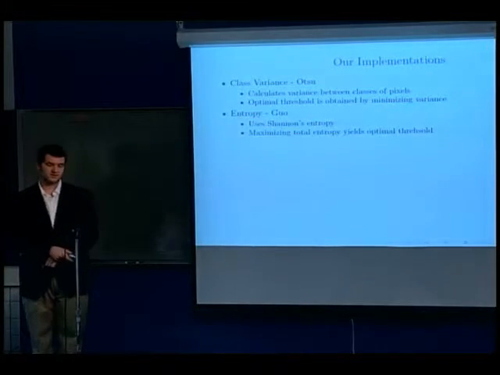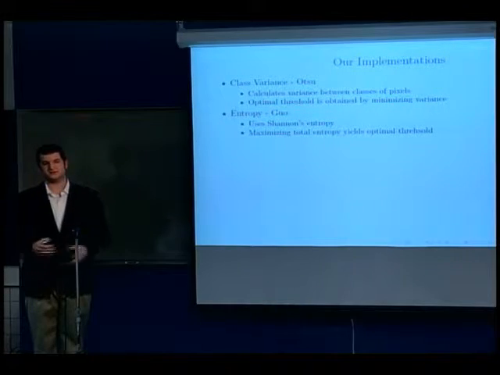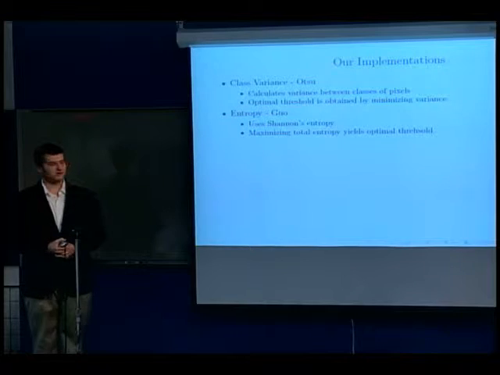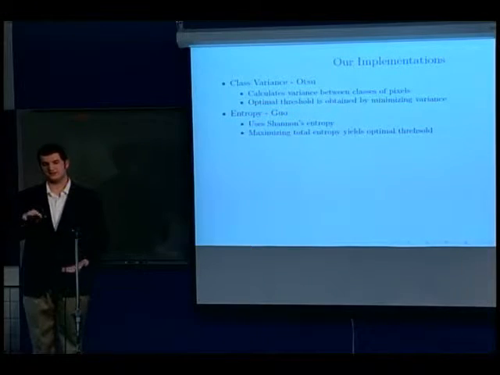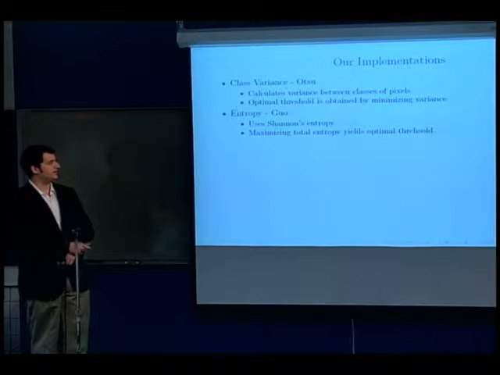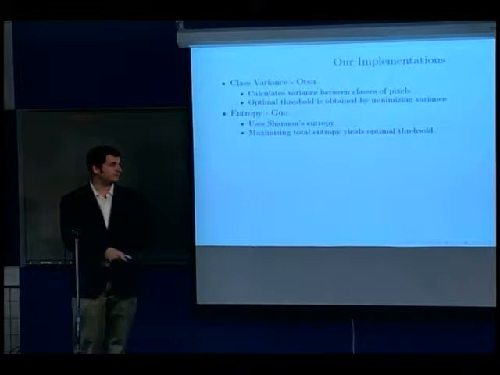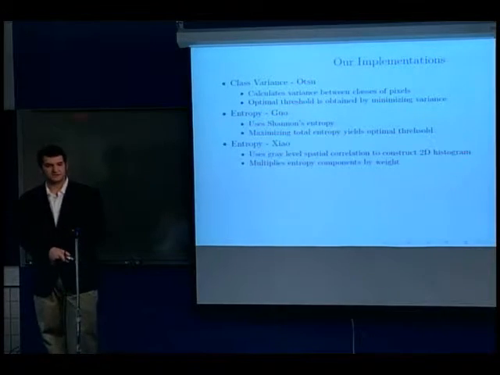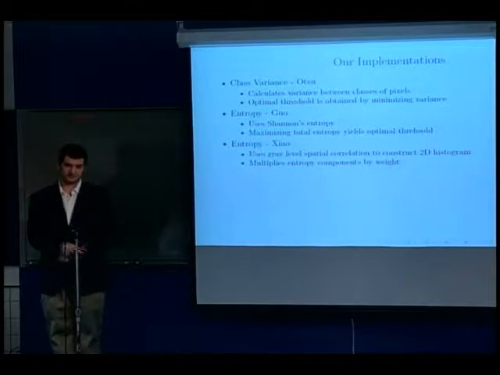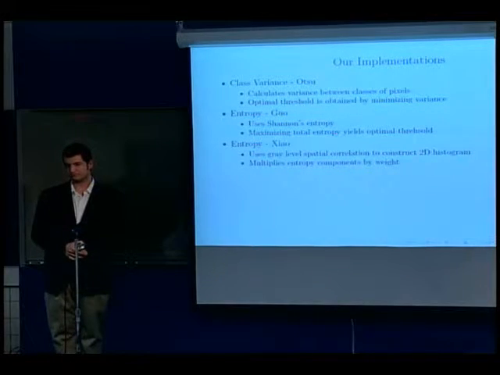The next method we tried was an entropy method proposed by Guo, and it uses basic Shannon entropy principles. It's another global threshold, which means it operates over the entire image, and as we said before, the entropy is maximized. Then Zhao's method uses a different type of histogram: a two-dimensional histogram.